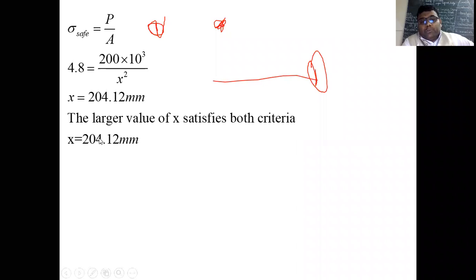And if you use this cross section, definitely your beam will be safe in both conditions. If the applied load is 200 kilonewton and you use the Euler formula, and another if the stress induced is sigma all, then in both cases the beam will be safe. So that is the simple meaning of that.